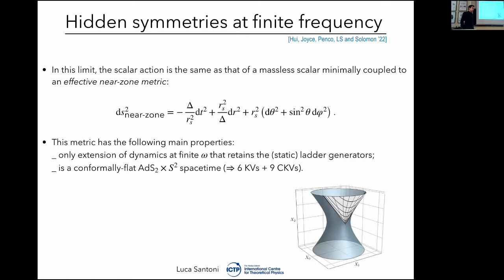So in the Kerr case, you're always in the scalar action, right? And they have all of these mixings between different, very complicated things. So in your case, you cannot see that because it's scalar.